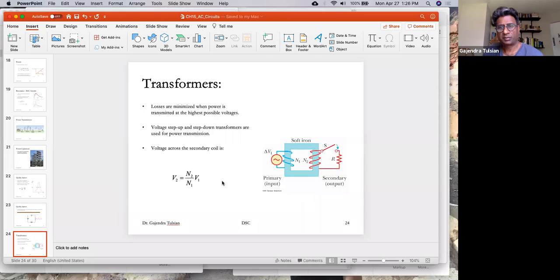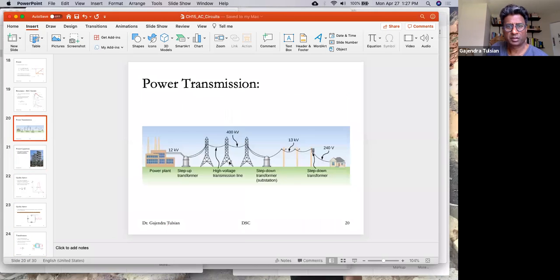Here's a transformer. We've seen these in the last chapter. We use transformers all the time. Here's a step-up transformer, here's a step-down transformer, and here's another step-down transformer. For the step-up transformer, the input voltage is 12 kilovolts, and in this diagram the output voltage is 400 kilovolts.